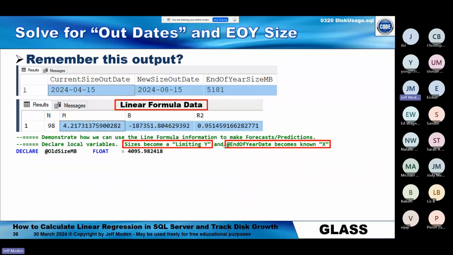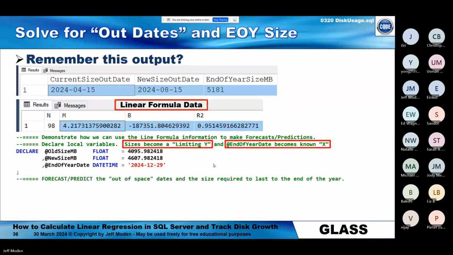So this is really hard, right? We'll declare the old size in megabytes as float, and I happen to know that it was actually that exact number of bytes. This is 4,095 megabytes or 4.1 terabytes. And the new size is 4.6 terabytes. And the end of date that we were working with was not exactly the end of the year, thanks to weekends.